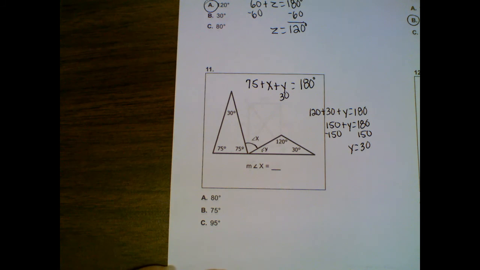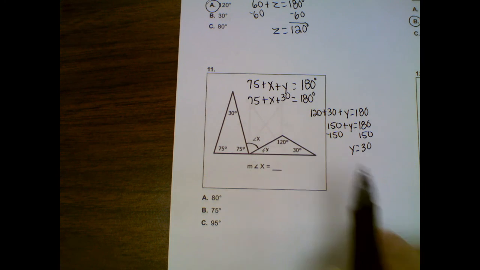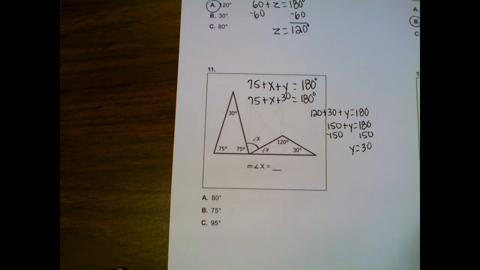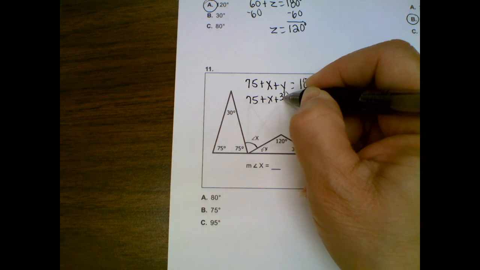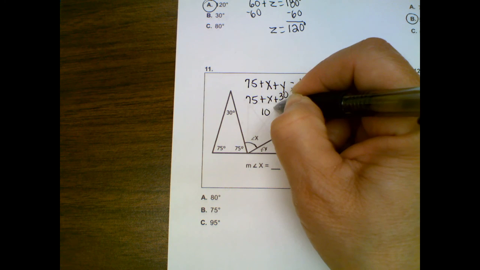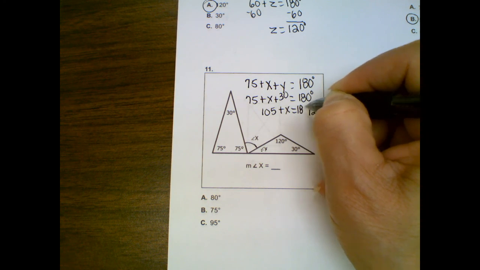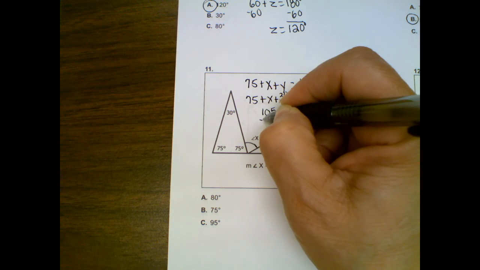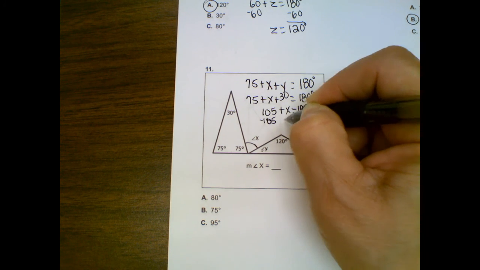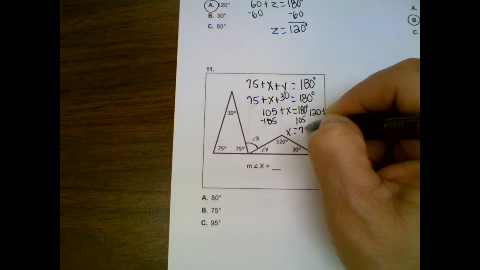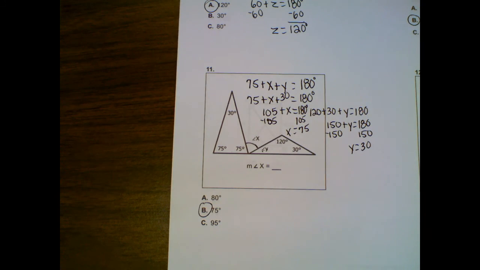Now I can plug that in for my Y. And I have 75 plus X plus 30 equals 180. 75 and 30 equals 105. 105 plus X equals 180. And I can subtract 105 from both sides, which leaves me with X equals 75. And my answer is B.